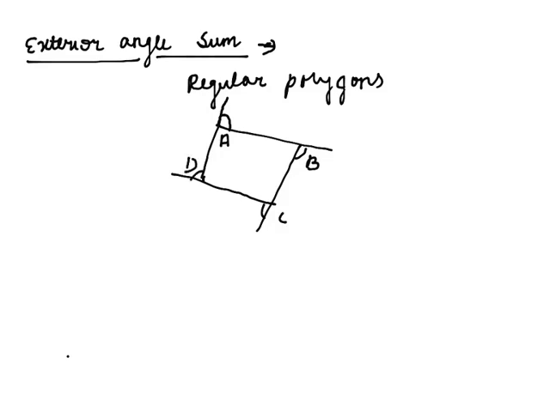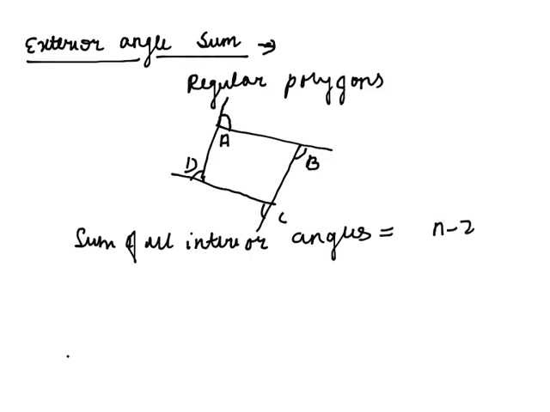First of all, the formula to find the sum of all interior angles. This thing we already learned in my previous video, so here I am just giving the formula. The sum of all interior angles will be equal to (n minus 2) into 180 degrees.